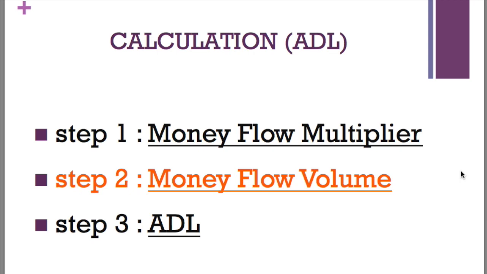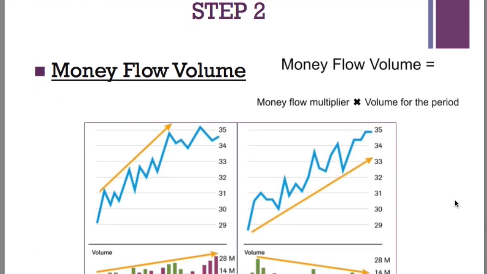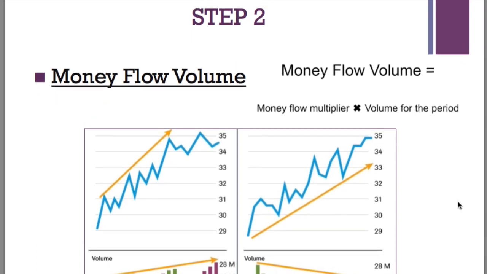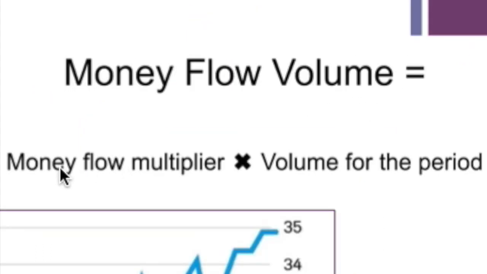Now we will calculate the money flow volume. Step 2, the money flow volume. How do we need to calculate this? Well, we take the money flow multiplier. Remember, we already calculated this in step 1. And we multiply this by the volume for the period.